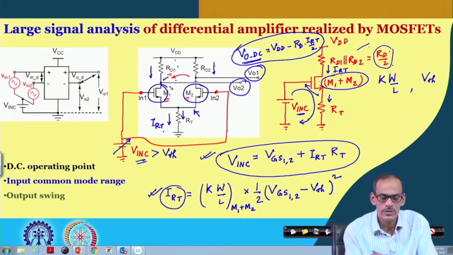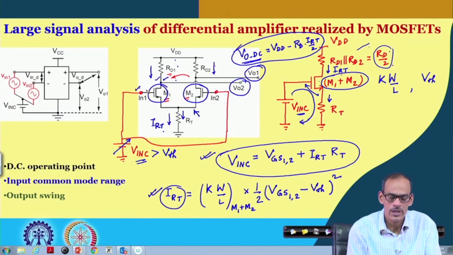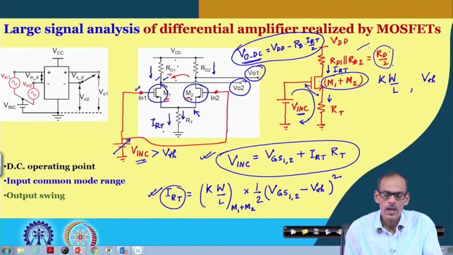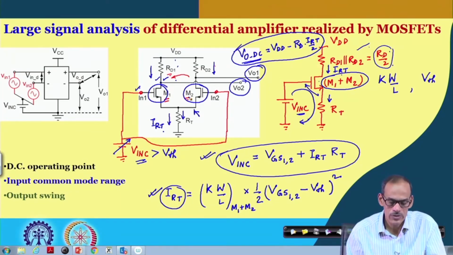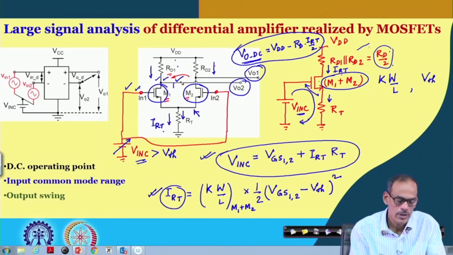Preferably, the drain voltage and gate voltage should be such that both the transistors are in saturation region. And not only that, with a DC voltage here and a DC voltage here, the signal should have some headroom.